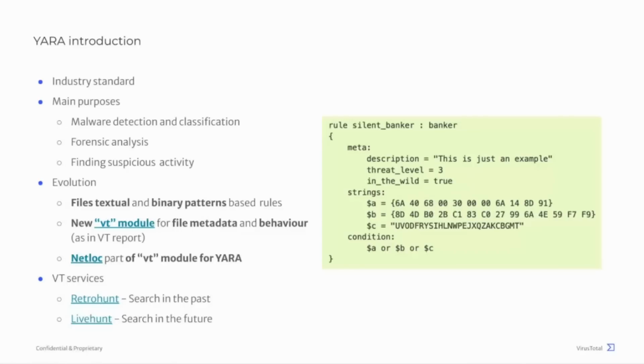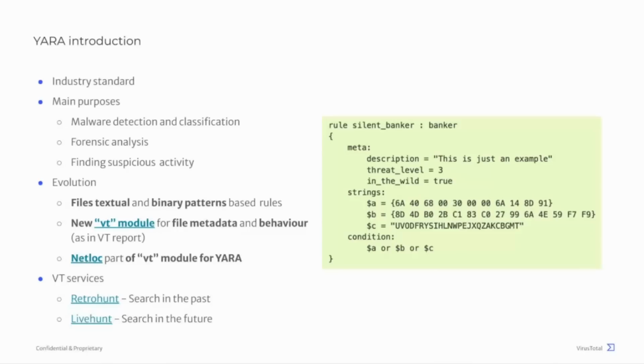While, on the other hand, behavior attributes are directly related to files detonation in our sandboxes, including, for instance, network communication or process related checks, and much more. And the latest improvement is Yara netloc that I will describe in the next slide.